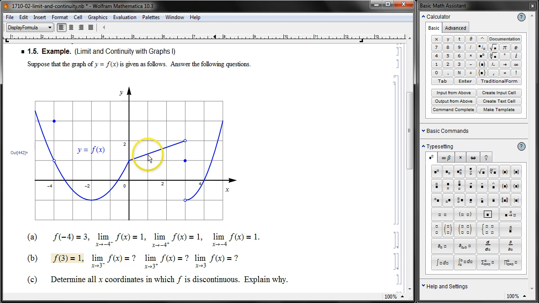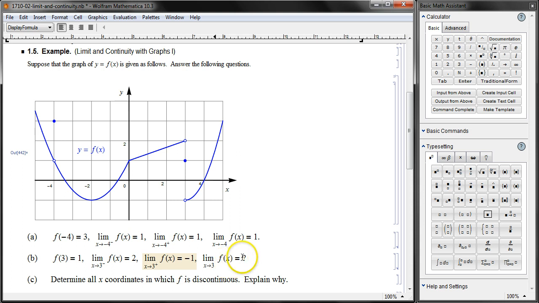Follow the graph from the left-hand side, and which y-coordinate am I converging to? y equals 2. Remember, function values and limits are all y-coordinates. Now x is approaching 3 from the plus side, from the right-hand side. And which y-coordinate? I'm getting -1.